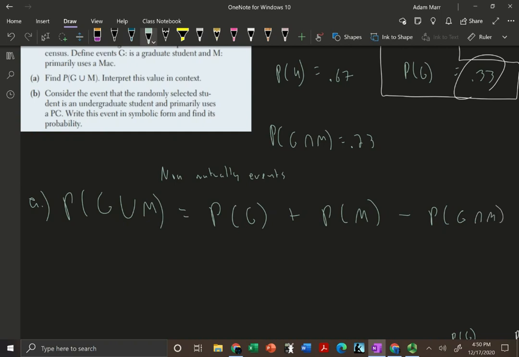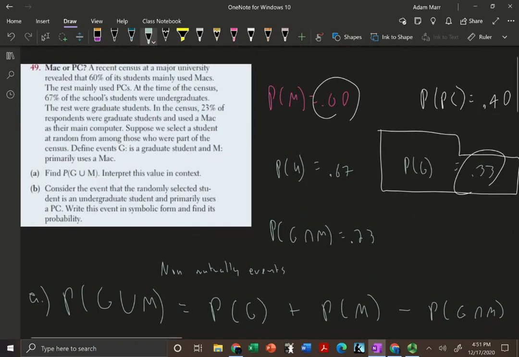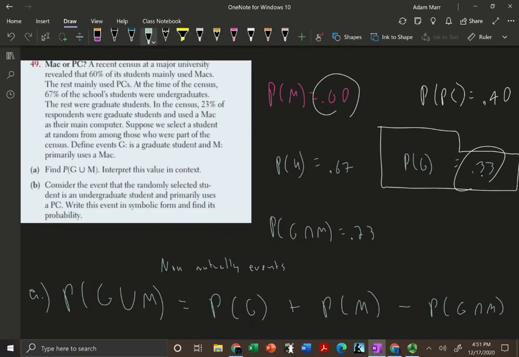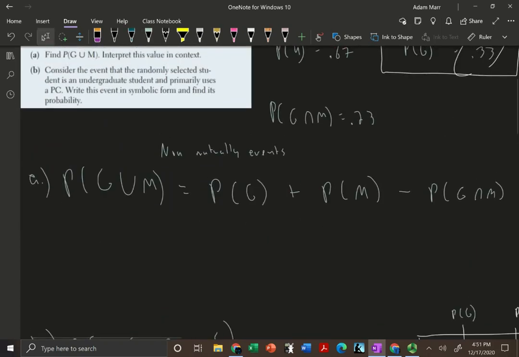We would count them here and there, so we have to subtract one, right? So the grad student is 0.33. Mac is 0.60. So we're going to say 0.33 plus 0.60, and we'll subtract the people that use both, minus 0.23. All right, so that's going to end up being 0.70.